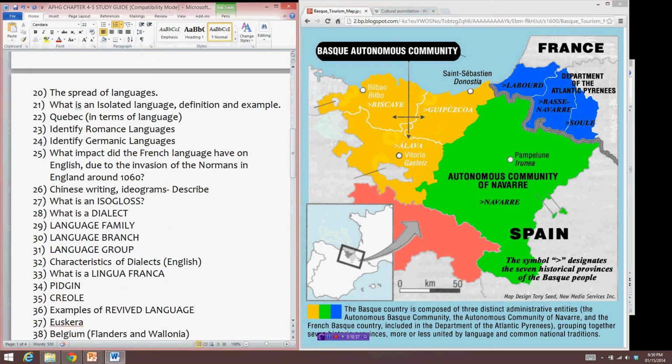Number 22, I wanted to talk to you guys about Quebec. Know that the people of Quebec, the Quebecois, are French speakers and are very much culturally different from the rest of Canada and, for that matter, the rest of the United States. These guys go back to the times of imperialization or exploration, when the French had colonies established in North America.